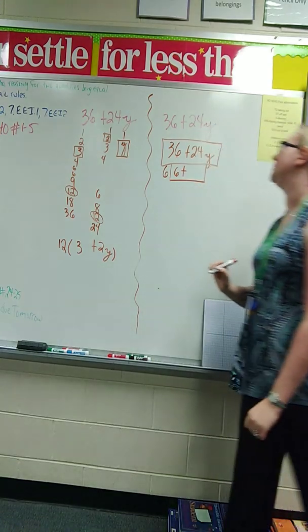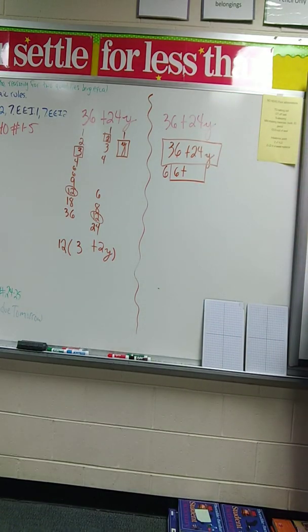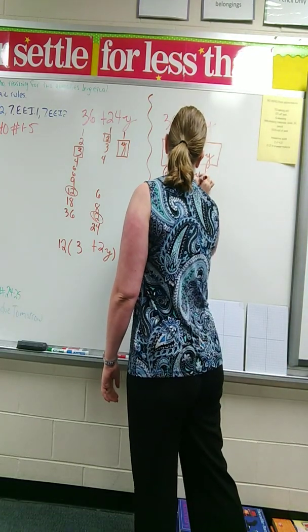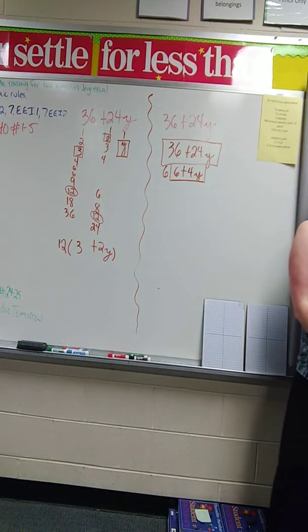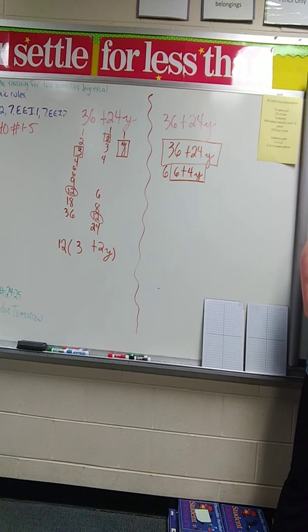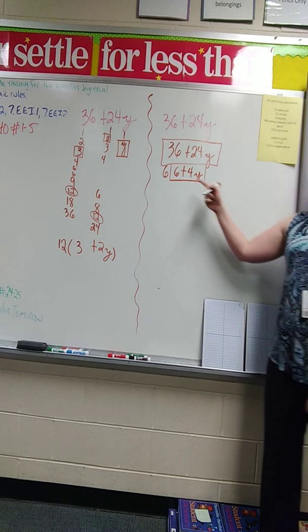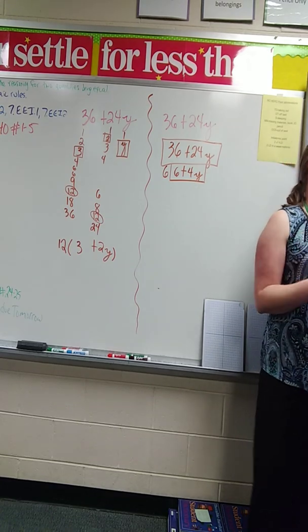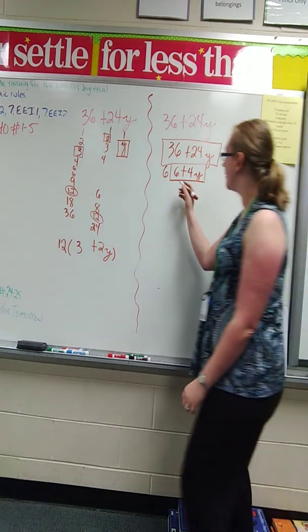What times 6 gives me 24y? 4y. Can I still factor something out of 6 plus 4y? Yeah. 2.